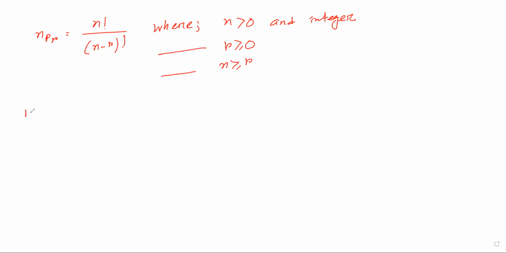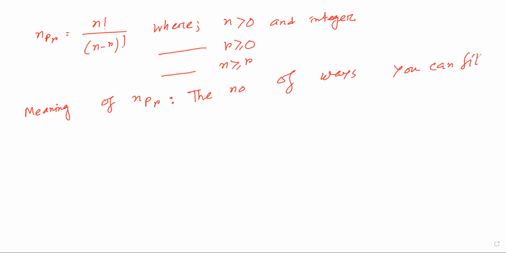What is the meaning of nPr? The number of ways you can fill up r number of empty spots with n number of things.